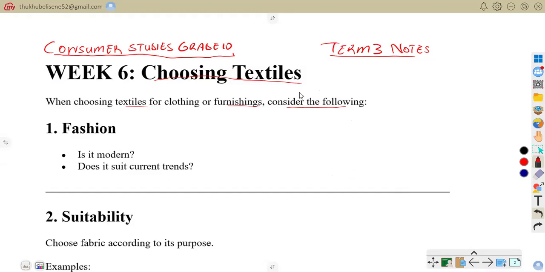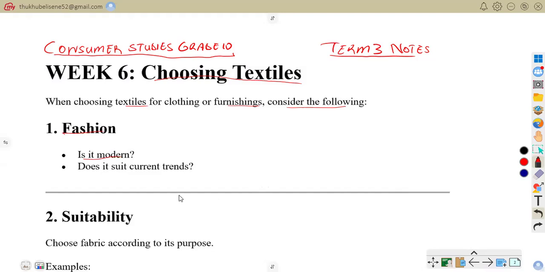But right now, let us first start with fashion. Is it modern? Meaning, you are to choose clothing or fabric that matches current styles. If fashion is important to you, for example, a learner may choose a modern denim jacket because it's currently fashionable.